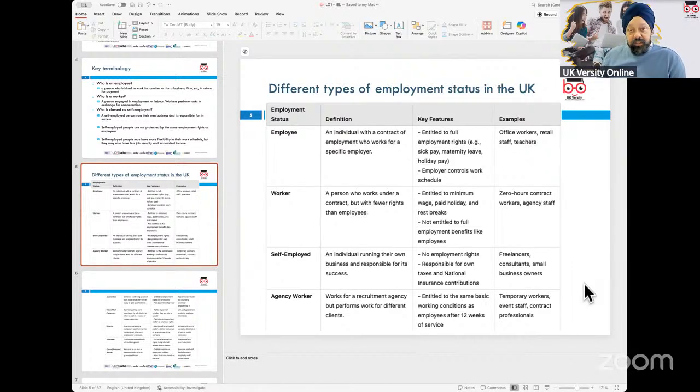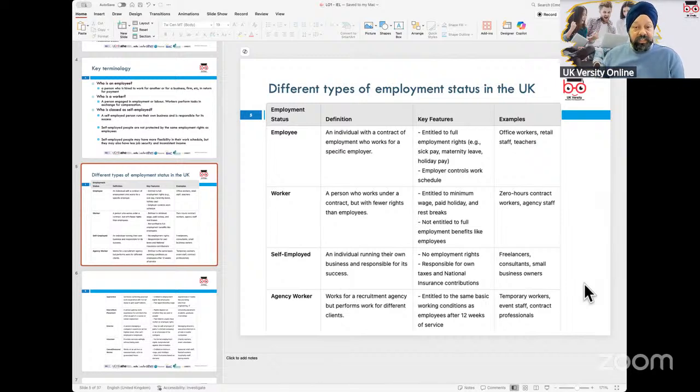In such cases, you would generally see that they are required to do their own tax returns at the end of the year with HMRC, and they would be termed as self-employed. These people could be consultants, freelancers, small business owners, who have set up their own businesses to offer services which are dependent on them alone.